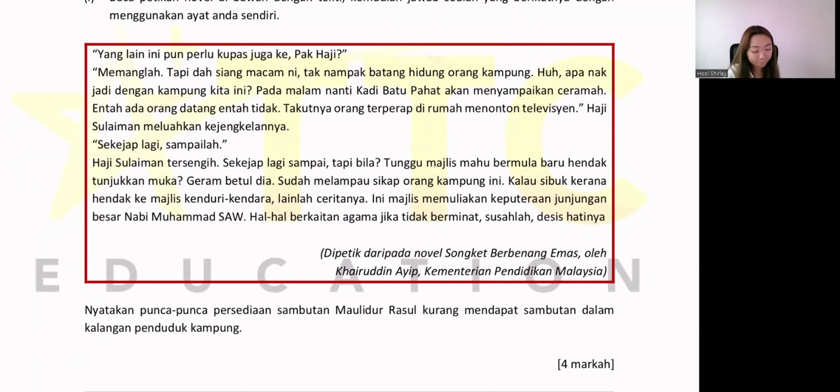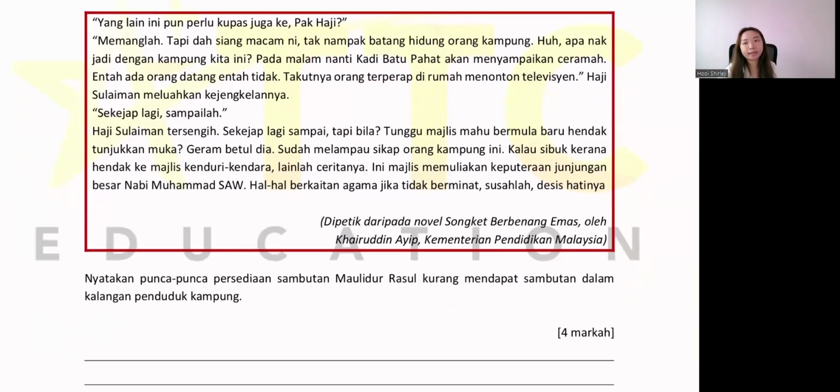No matter whether you read it or never read it before, for sure you can get the answer from the petikan. You read the question, get the main point, for example nyatakan punca-punca, persediaan, then look at the petikan to get the answer. This is for sure you can get it.